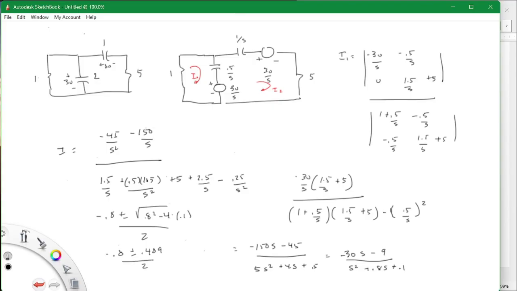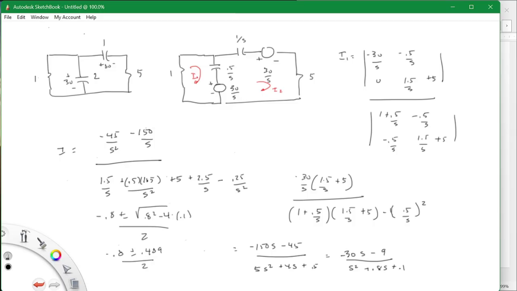I'll do that again. 0.8 squared minus 4 times 0.1 is equal to 6 over 25. Square root of 0.24. Yeah. 0.489. So it's minus 0.8 plus or minus 0.489, and these are real roots. These are not imaginary roots.